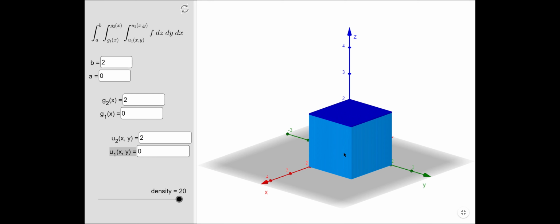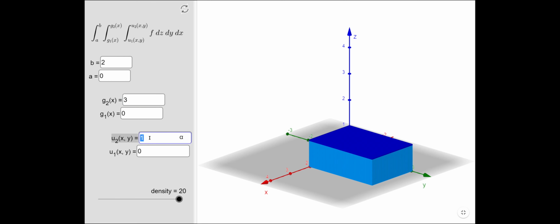Now the types of regions that we're going to look at in this class for triple integrals would be two fairly simple cases. One case is a solid rectangular box, and a particular case of that is a solid cube. It doesn't need to be a cube.